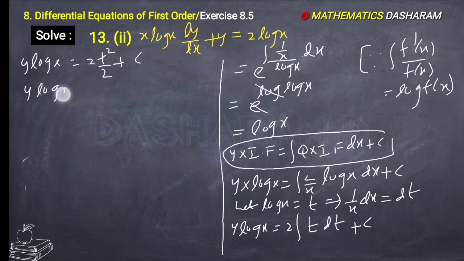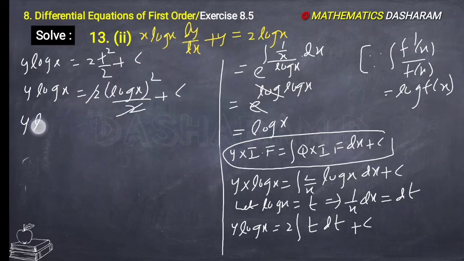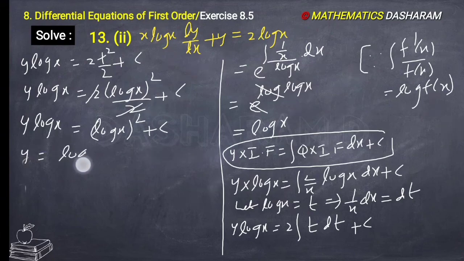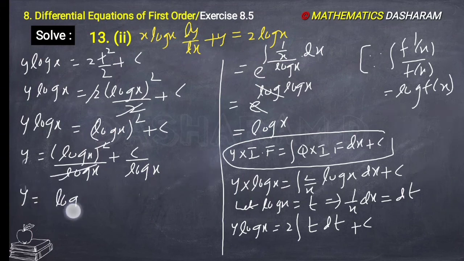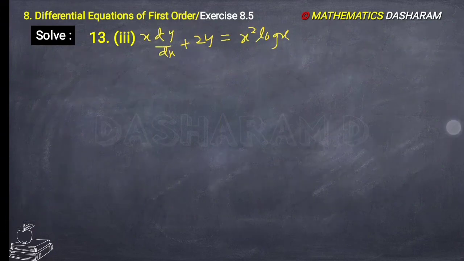So y into log x equals 2 into (log x) whole square by 2 plus c. Here 2 cancels. Y into log x equals (log x) whole square plus c. And this log x transposes to the right side. So (log x) whole square by log x plus c by log x. So here log x square cancels, then y equals log x plus c into (log x) to the power minus 1 is our required answer.